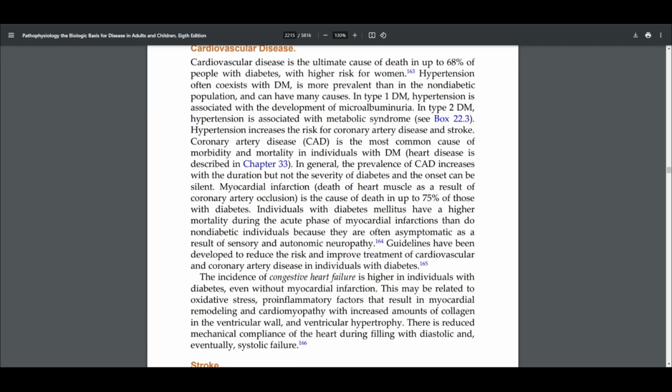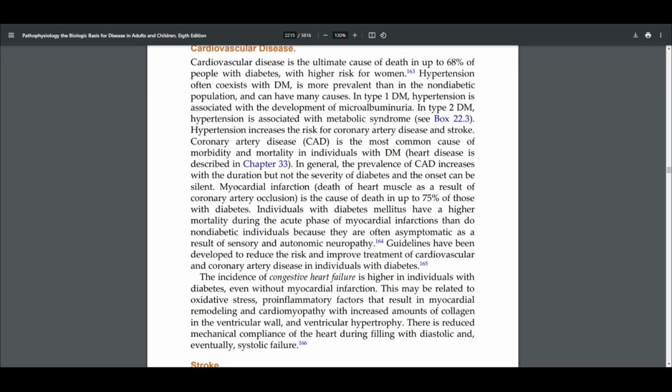CAD is the most common cause of morbidity and mortality in individuals with diabetes. In general, the prevalence of coronary artery disease increases with the duration but not the severity of diabetes, and the onset can be silent. Myocardial infarction is the cause of death of up to 75% of those with diabetes.